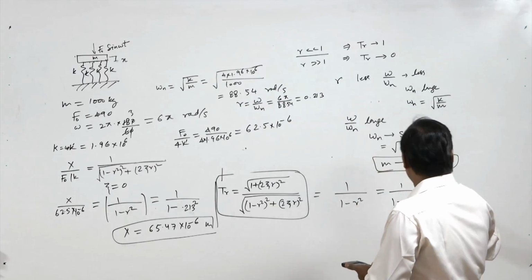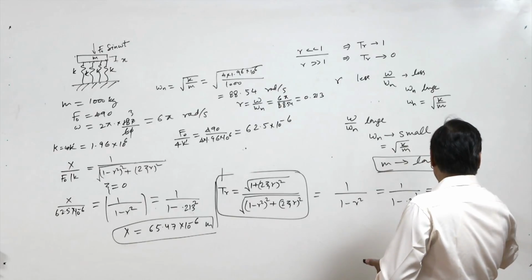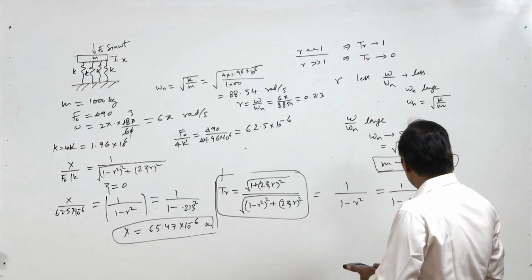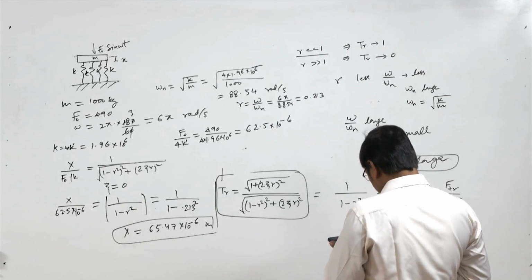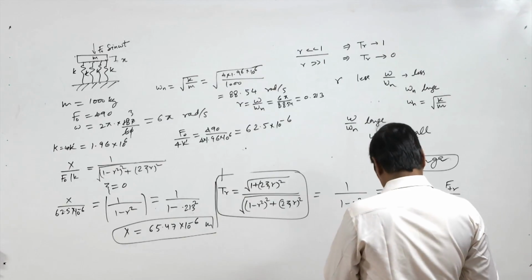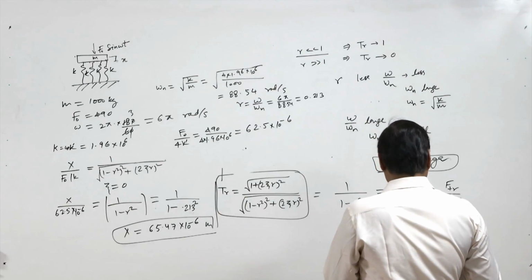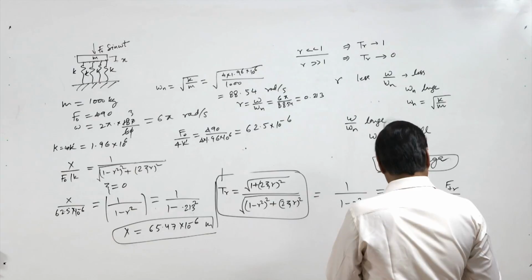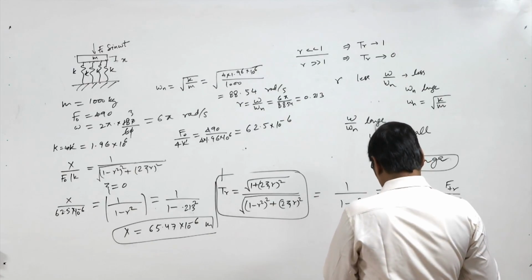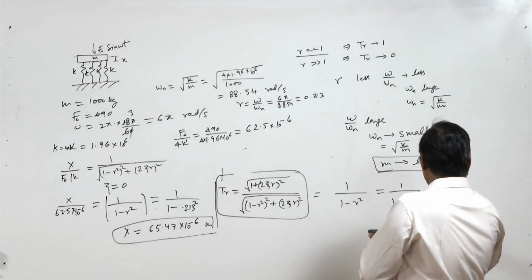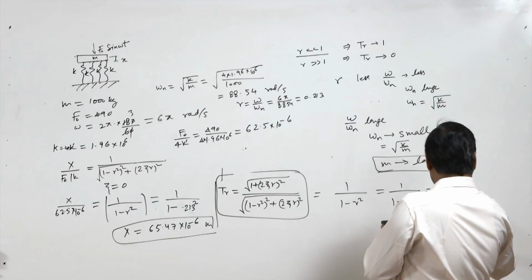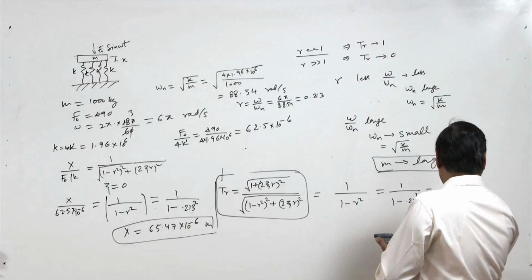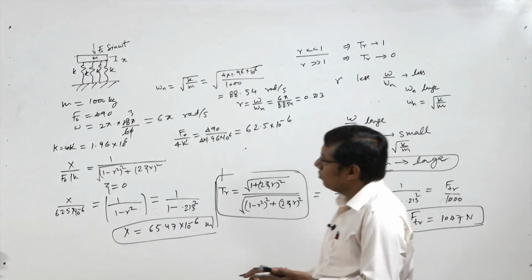F0 we know, it is 1000. So from here we find Ftr equal to 1047 Newton, the force transmitted to the foundation.